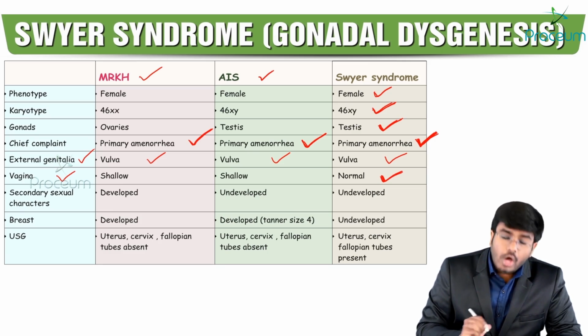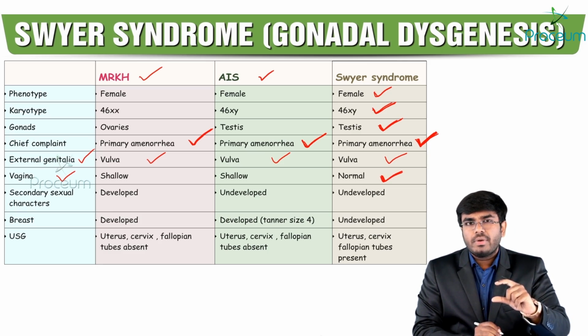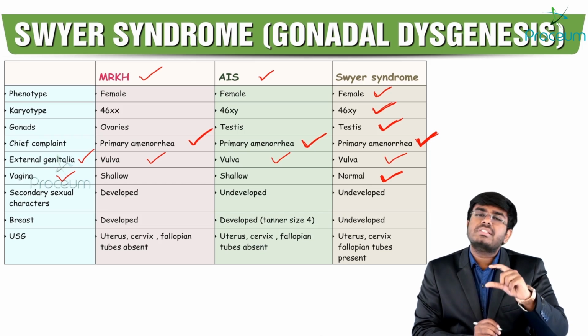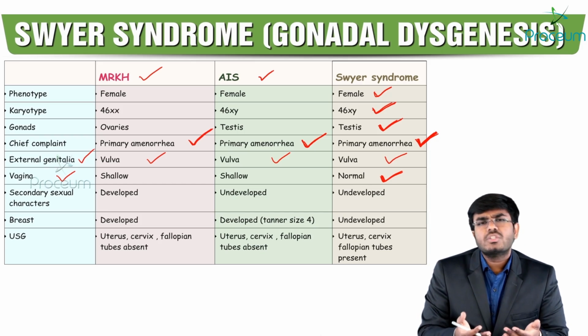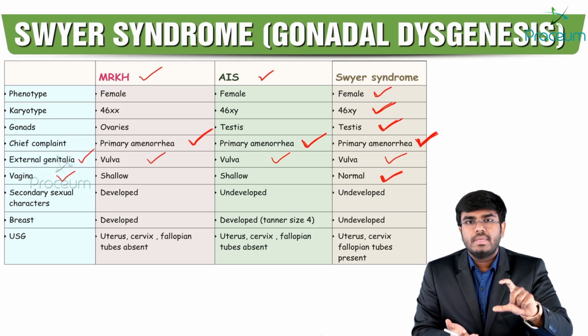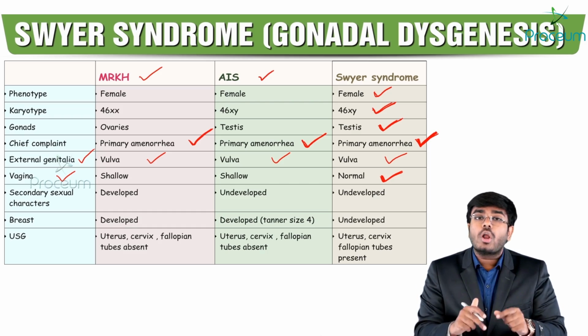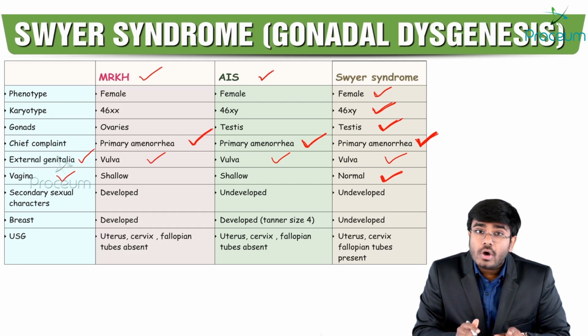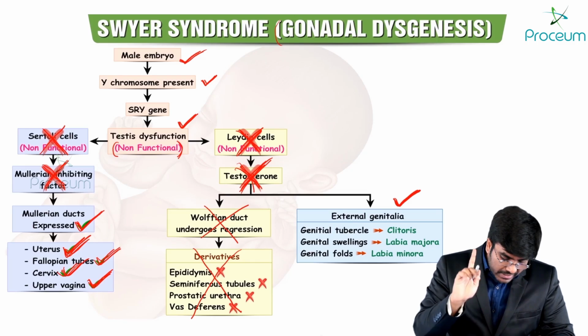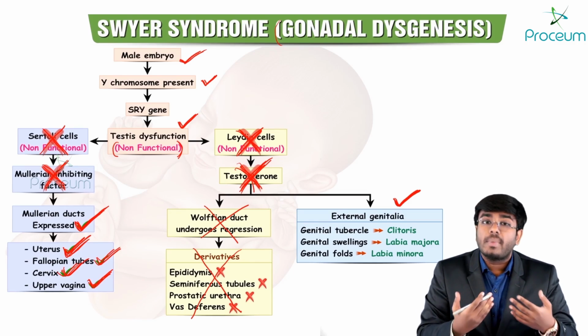Why is the vagina normal, guys? The lower one third of the vagina, which comes from the urogenital sinus, develops normally. But the upper two thirds of the vagina, which is a derivative of the Mullerian duct, is also normal in Swyer syndrome. Why? Because, please concentrate, Swyer syndrome is a condition where the Mullerian ducts are developed normally.